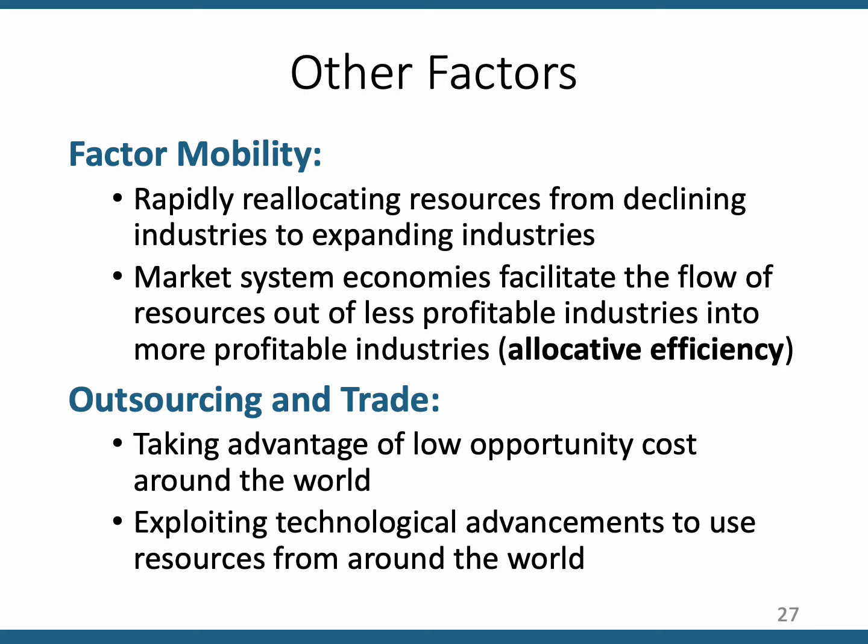Allocative efficiency, on the other hand, has to do with, and this is a feature of the market system economy, if a given product is desired by consumers and demand is growing, that will drive up the market price. That will make businesses that produce that product more profitable. They're going to want to expand.